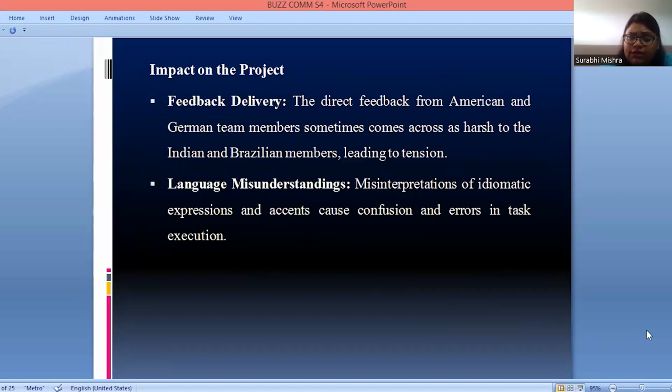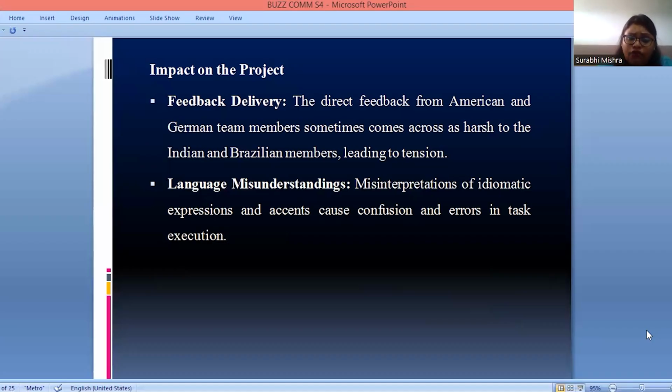So what this point says is that the feedback from American and German team members was very harsh on Indian and Brazilian team members, leading to tension. Why? Because as discussed, Americans and Germans are very open to negative feedback, and their tendency was to interrupt in meetings and discussions, and that may cause late or ineffective decision making, right?